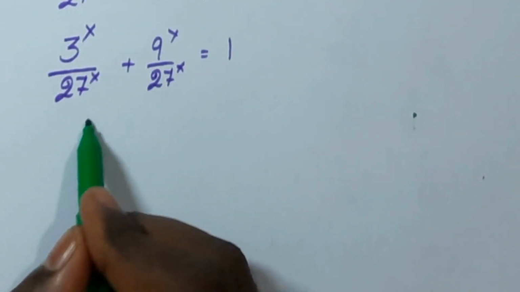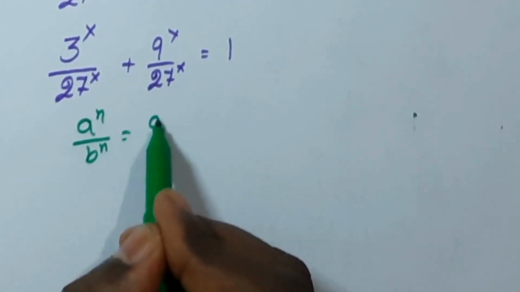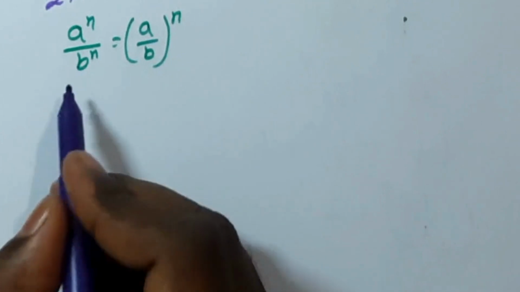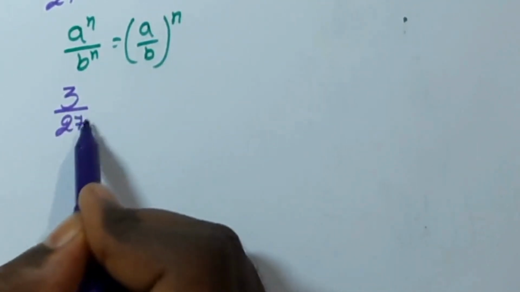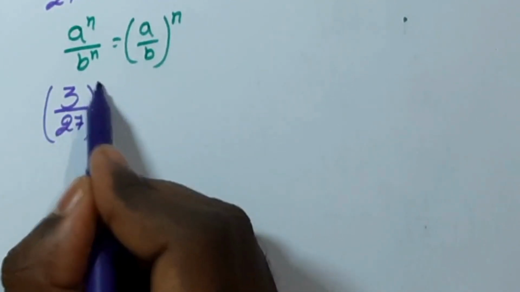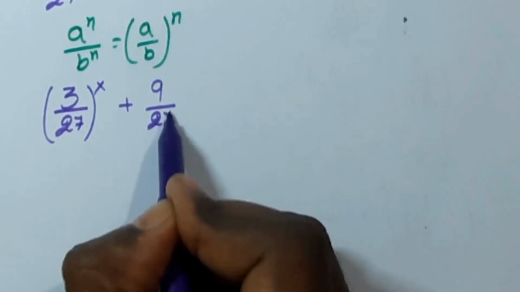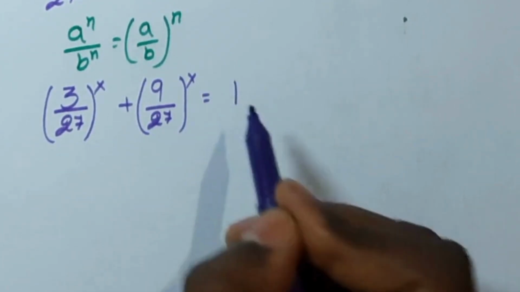We know that a power n by b power n equal to a by b whole power n. We are going to implement this here. 3 by 27 whole power x plus 9 by 27 whole power x equal to 1.